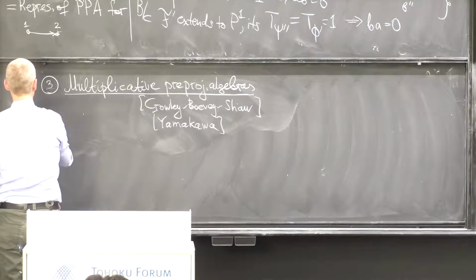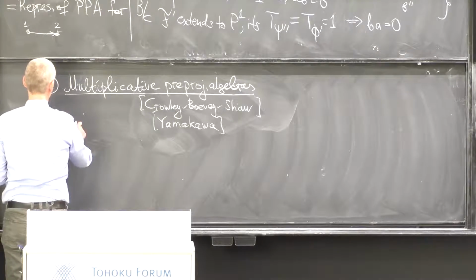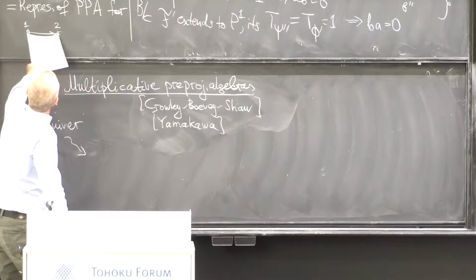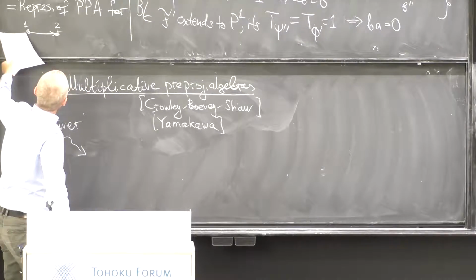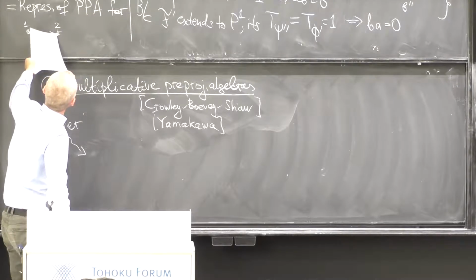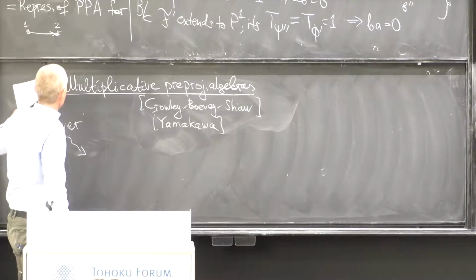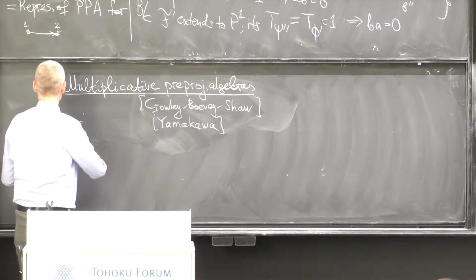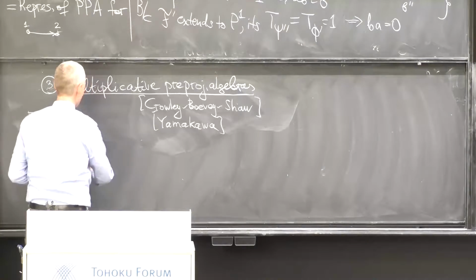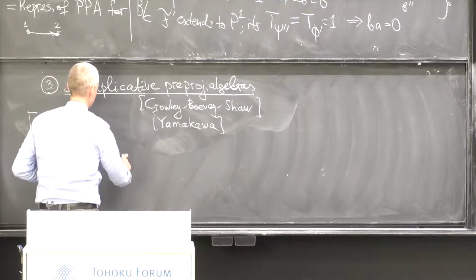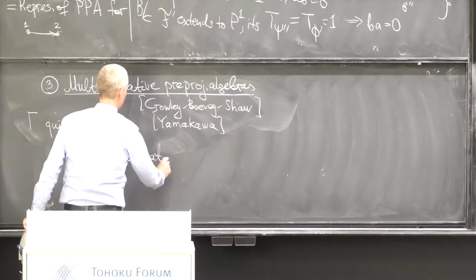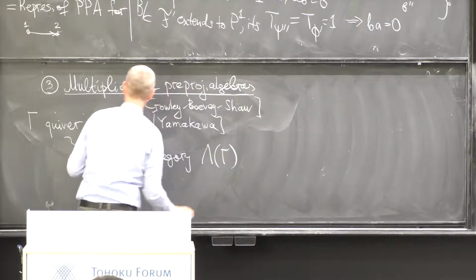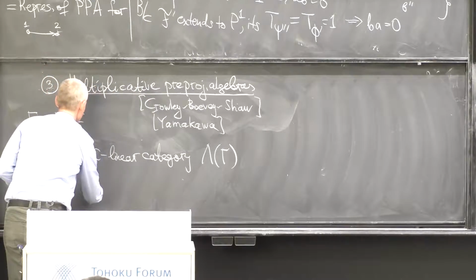So gamma is a quiver as before. When I say algebra, this algebra is distributed in the sense that there are idempotents corresponding to the vertices of the quiver. So it's better to say that there is a linear category. Let's say we will associate a C-linear category lambda of gamma with objects being the set of vertices.